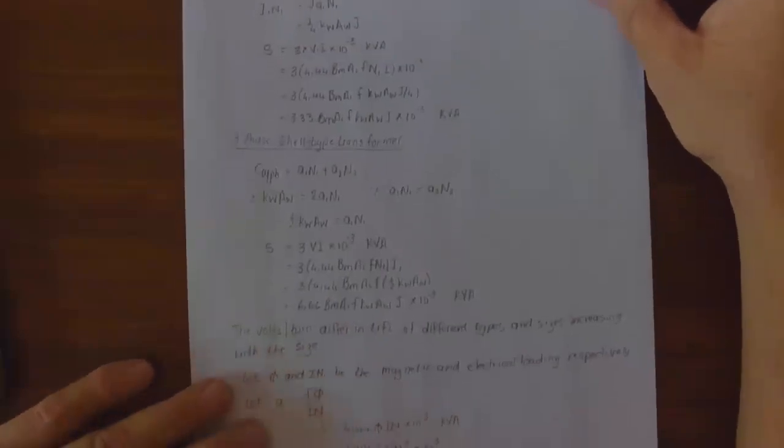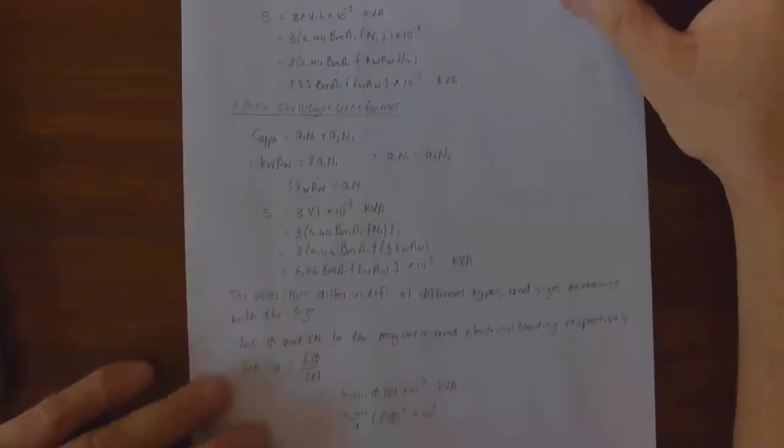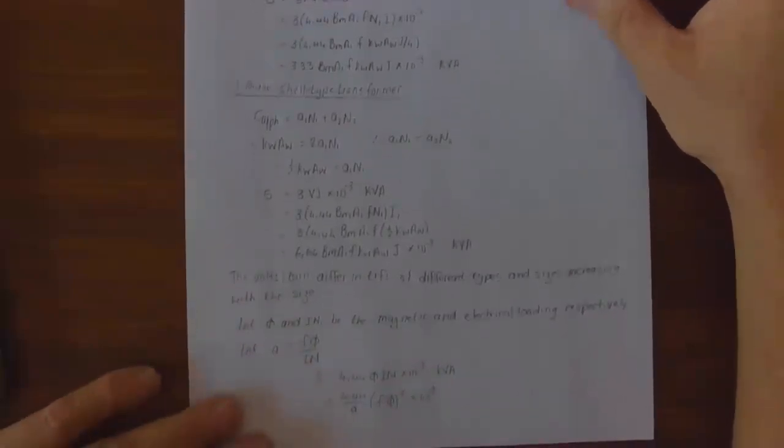So therefore S is 3 times VI times 10 to the minus 3 kVA, and in the end that gives us 3.33 B max, area of the iron, frequency, KwAwJ times 10 to the minus 3 kVA.